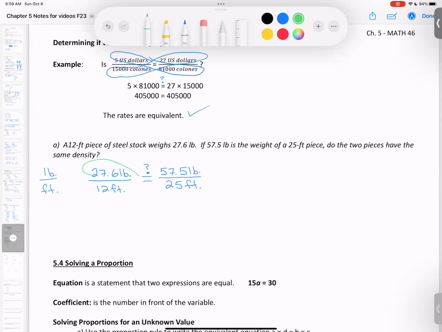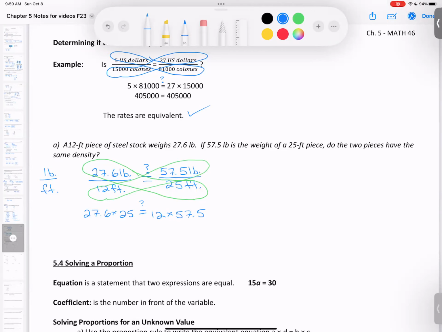So we're going to use the cross product. We have consistent units on the top and bottom. So we can just draw this X and we can say, does 27.6 times 25 equal 12 times 57.5? Okay, and so I'm going to grab my calculator for this one.